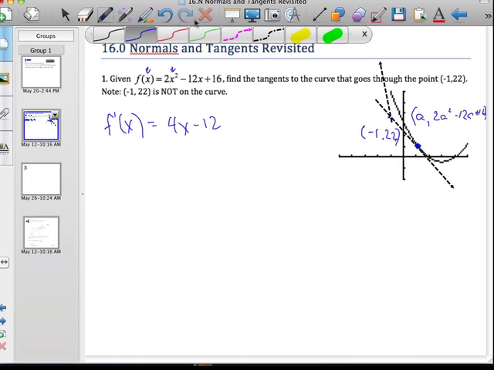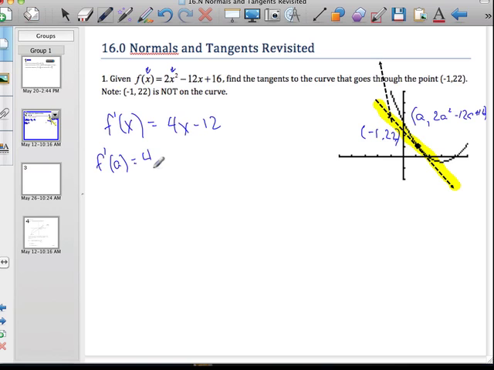I'll highlight it. It's the slope at point A. So f prime at A is simply 4a minus 12. This is an expression for the slope of the tangent.